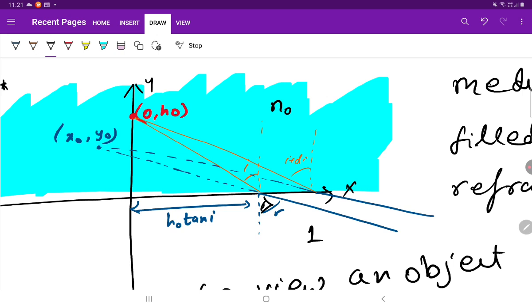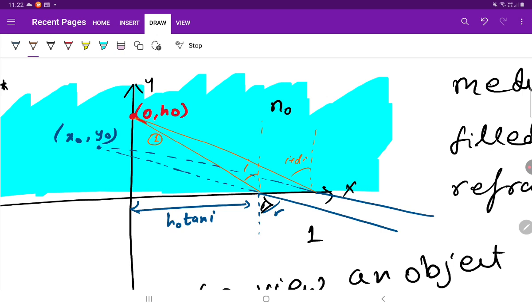So one ray, the orange ray, which I'm marking by 1, goes along the medium and hits the surface or the boundary, and then gets refracted at an angle, let it be r. Then the ray will be produced backwards.